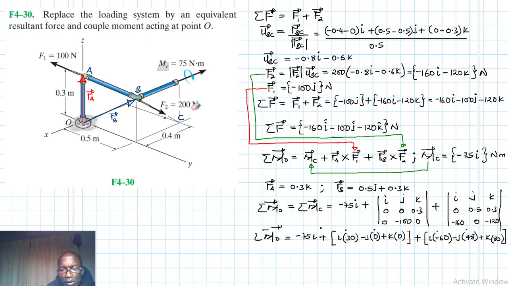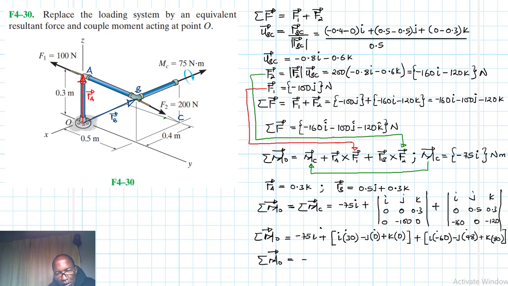Just move it a little bit like so. So once we have this, then we will say summation of this couple moment is just equal to, let's sum them up, minus 75 plus 30.